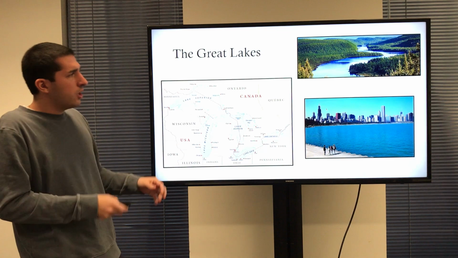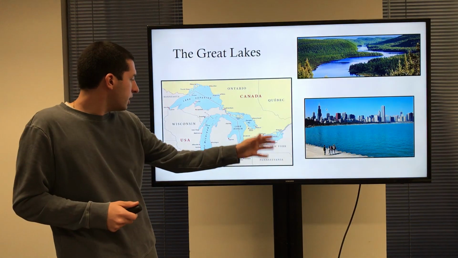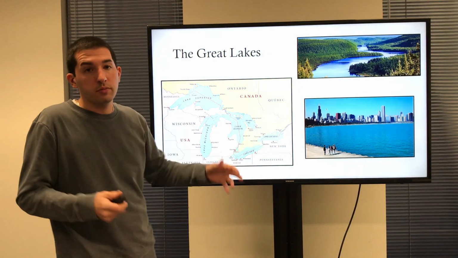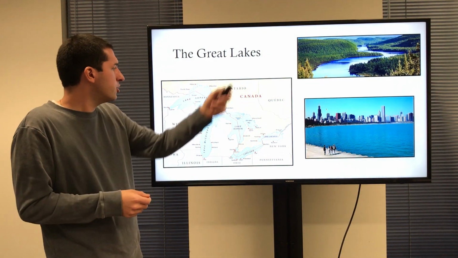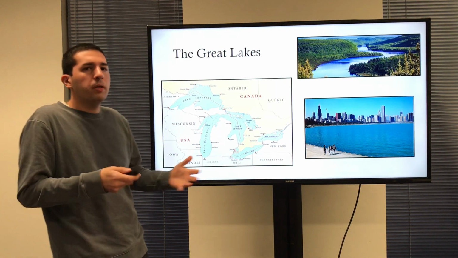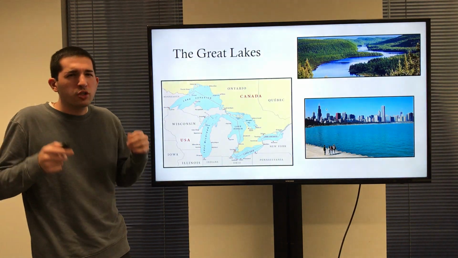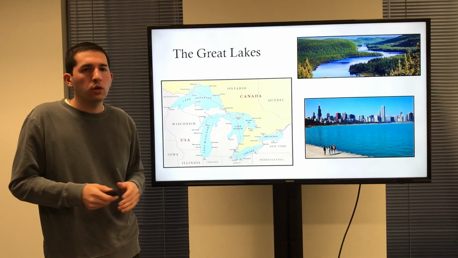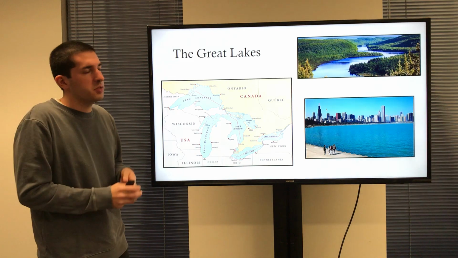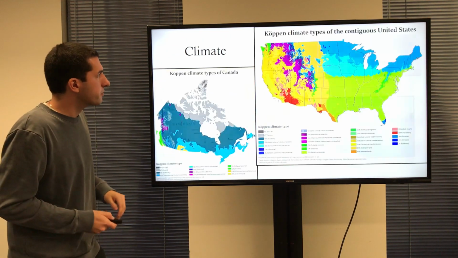When you picture the Great Lakes, you can envision something like Lake Michigan here, a scene from Chicago, or you could picture something like this from Lake Huron up in the north, where it's a little bit more rural. Nevertheless, these are the 5 Great Lakes, and they contain 21% of the entire world's fresh water source. This is pretty amazing that we have on the United States and Canadian border.